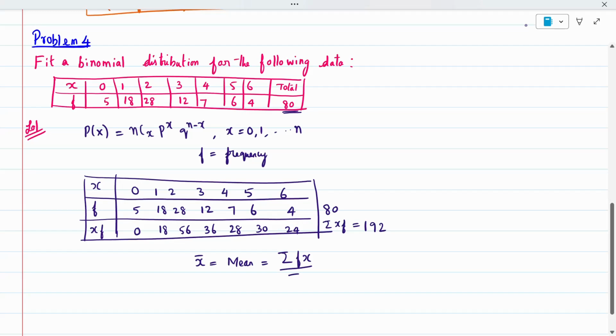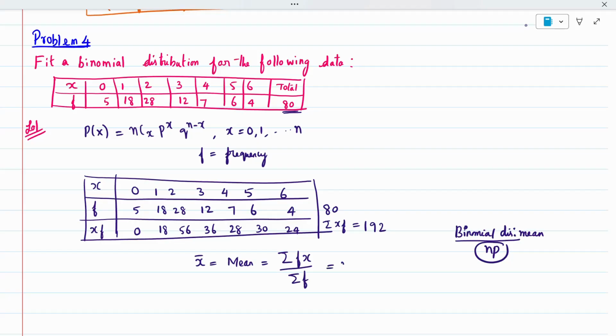We know that for a binomial distribution the mean is np.